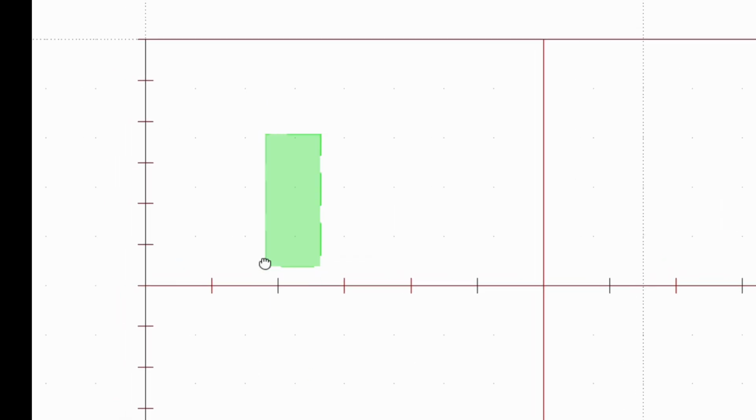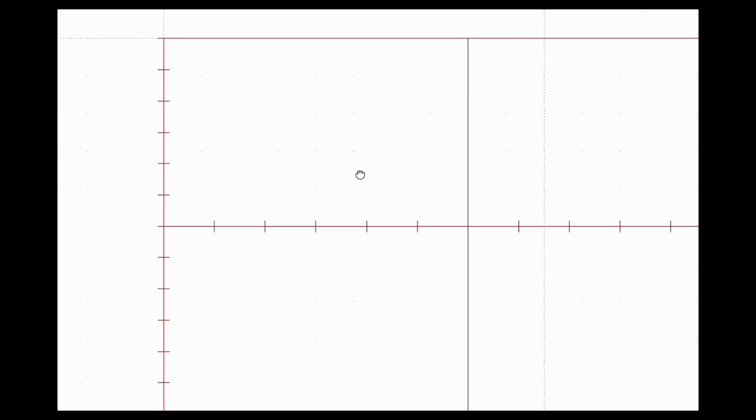So if we talk about this quadrant, what we have here is six sections of the half of the major axis and 6 sections on the side of the width of the rectangle. So what we'll have to do here is connect this point to these points on the major axis.